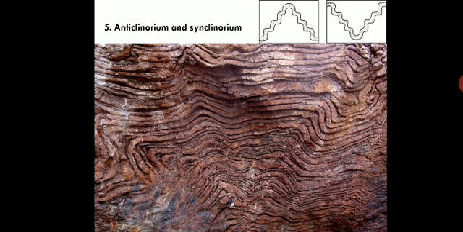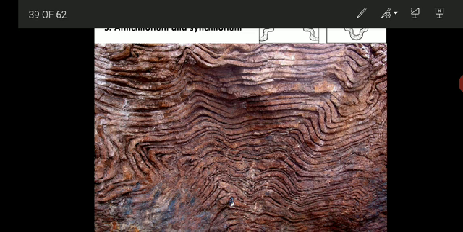Then the next is anticlinorium and synclinorium. What is an anticline fold? We have discussed anticline and syncline. This is an anticline, and this anticline has again been thrown into minor folds. That is called an anticlinorium. These are large anticlines and synclines which are further thrown into smaller folds.